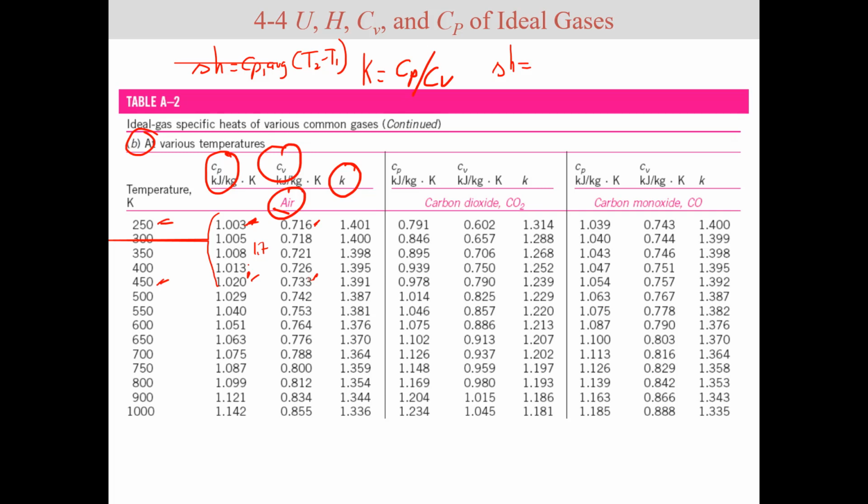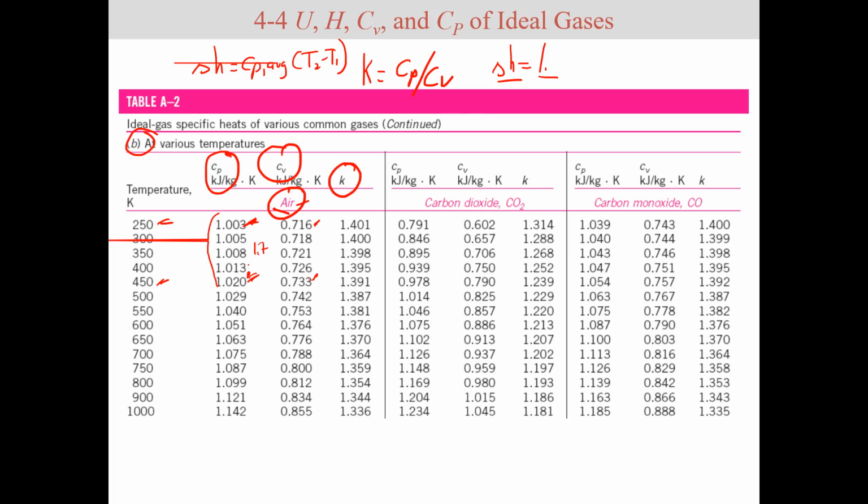It would be 1.003 plus 1.02, and I take the average between the two, which is about 1.011, and then multiply that by the temperature change, 450 minus 250. That will give me the change in enthalpy of air between 250 and 450 Kelvin at a constant specific heat. But what if I didn't want to do constant specific heats, right?